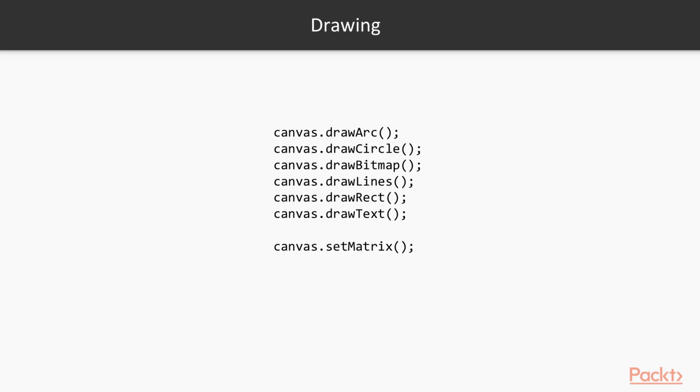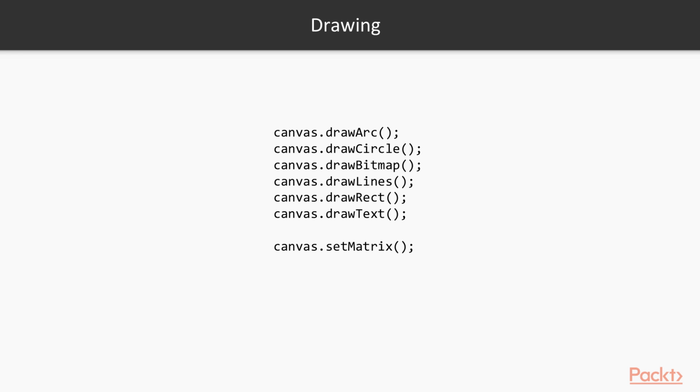Inside the onDraw method, you'll have access to Canvas, which is where you'll be doing your drawing. There are multiple methods available to do the drawing, and some of them are really simple and straightforward, like drawLine or drawRect, which means draw a rectangle. Others are more sophisticated, like drawArc, drawText, drawBitmap.